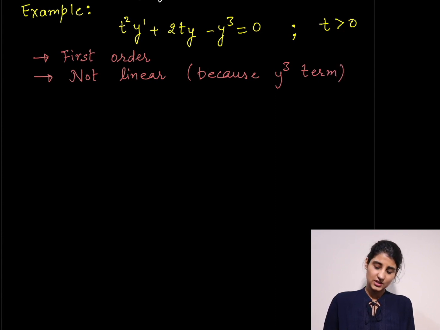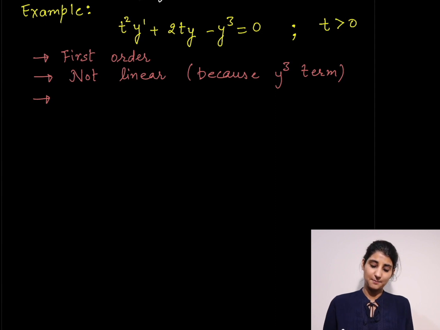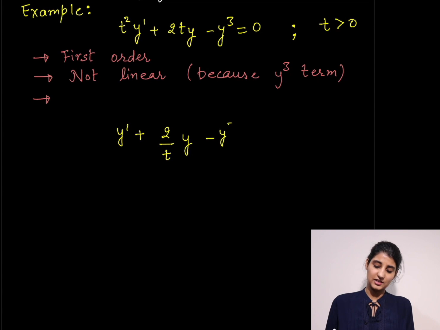Next we will check if this is separable or not. To do that, let's divide this equation by the coefficient of y prime. So we are dividing by t squared, and we will get y prime plus 2 over t times y minus y cubed divided by t squared equal to 0.